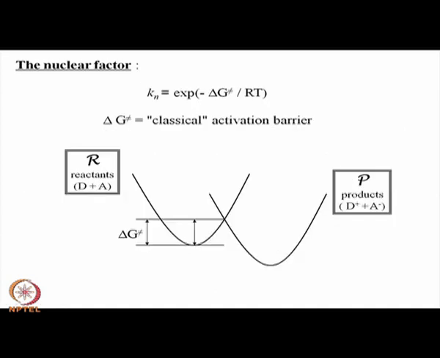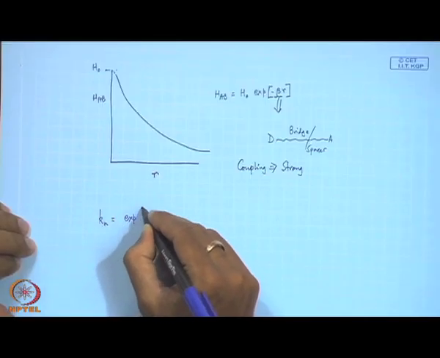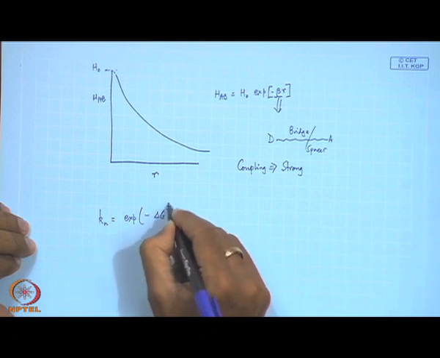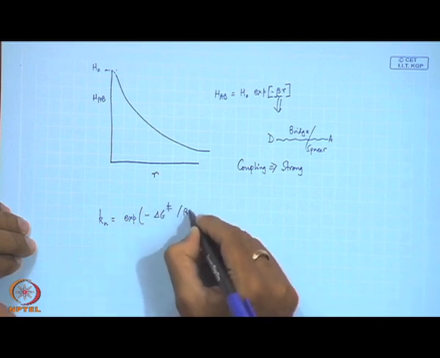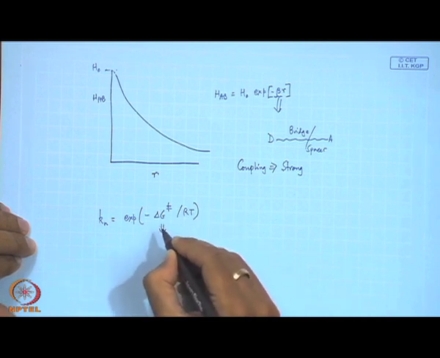Okay. The nuclear factor. Kn is the nuclear factor, Kn is equal to exponential to the power minus delta G double dagger by RT, where delta G is your classical activation barrier.